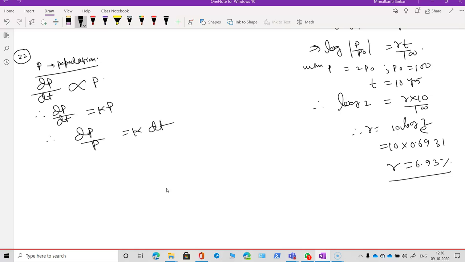I am using a little bit of the definite integration concept. When you are integrating, only that initial condition will be assumed here, or you go by the normal method.